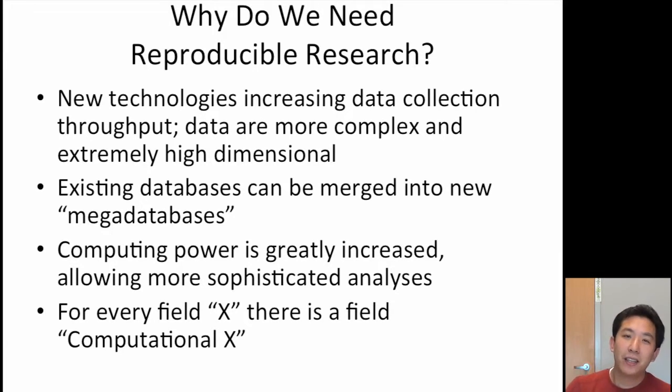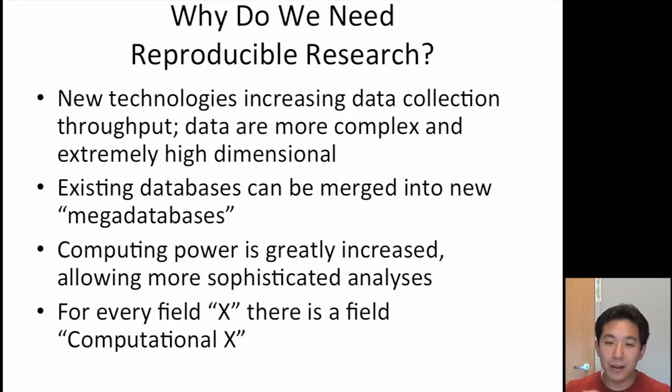And so the technology has allowed us to create huge data sets at essentially the touch of a button. Furthermore, we have computing power that allows us to take existing databases and merge them into even bigger and bigger databases. So we can take data that were previously maybe inaccessible and create new data sets out of them. So these new data sets are huge now.